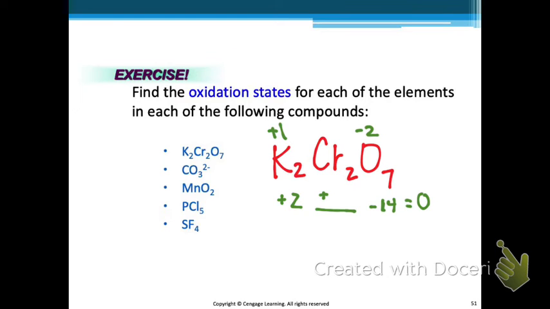No, not +2, +12. I'm sorry. And how many chromiums are splitting that +12? So we're going to divide on our way up here, and we're going to say that each chromium has an oxidation number of +6. So you multiply on your way down and divide on the way back up, right? 2 chromiums have to split that +12, and so that means they each have an oxidation number of +6.